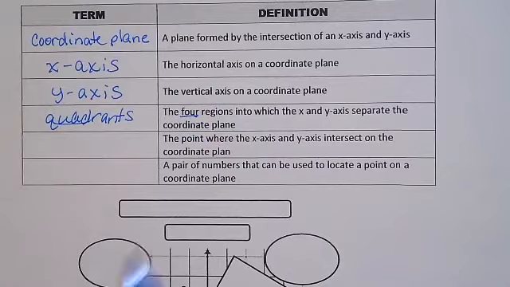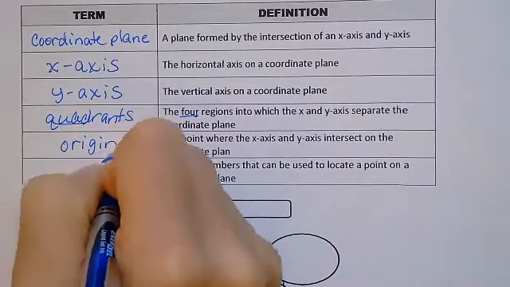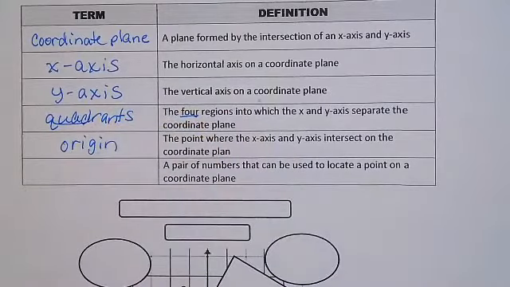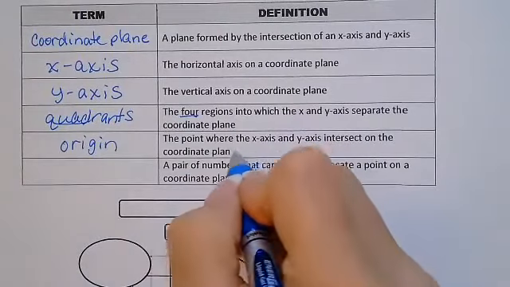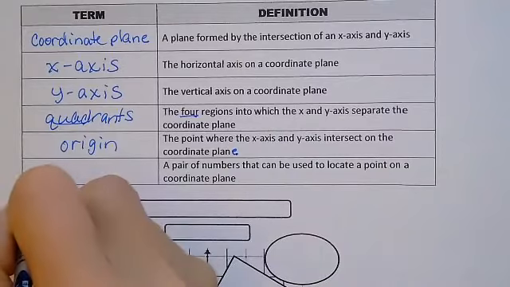So that is called the origin. Okay, a pair of numbers that can be used to locate a point on a coordinate plane. That's called an ordered pair.